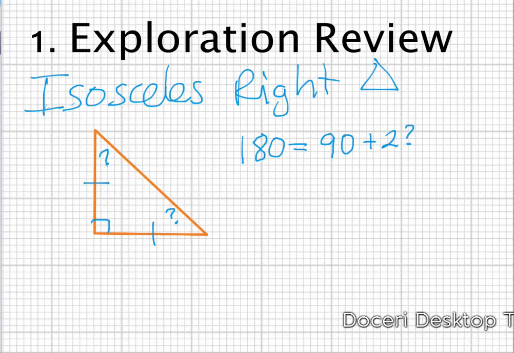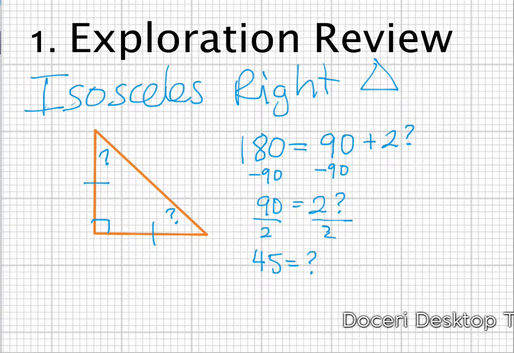So I subtract 90 from both sides, and I get 90 degrees is equal to 2 times whatever that one angle is. So if I want to find what one of those angles is, I would just divide by 2. So I get 45 degrees equals one of those question marks. Since they're both the same question mark, that means I'm dealing with 45 degrees.